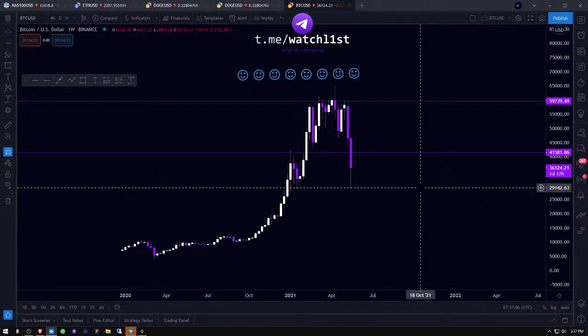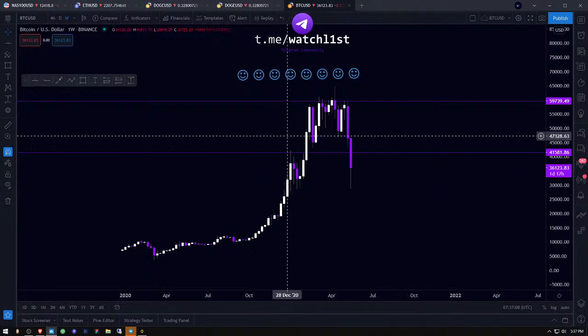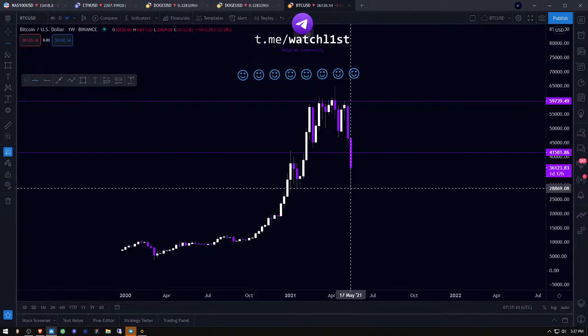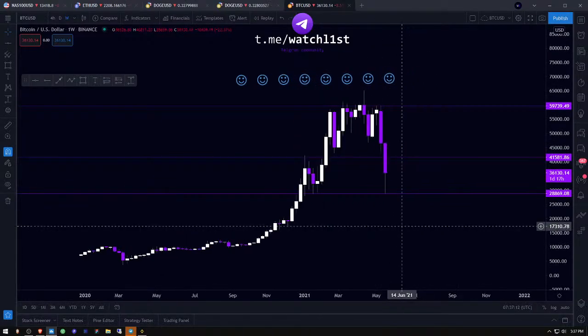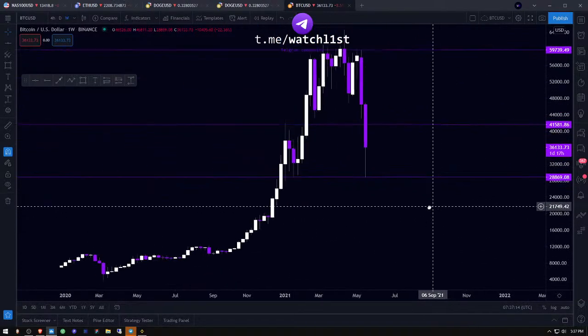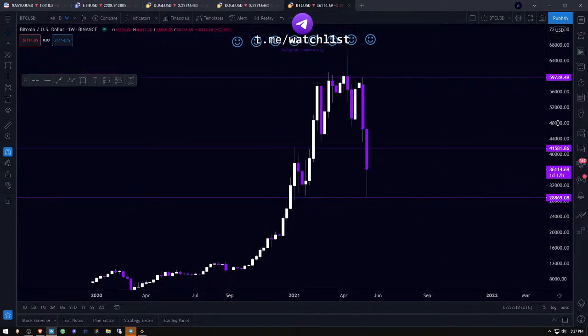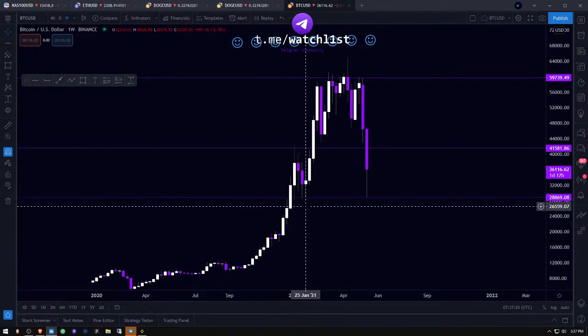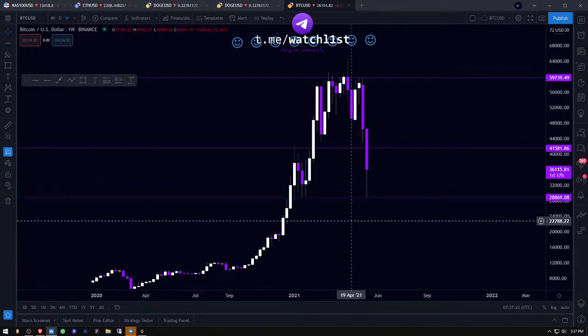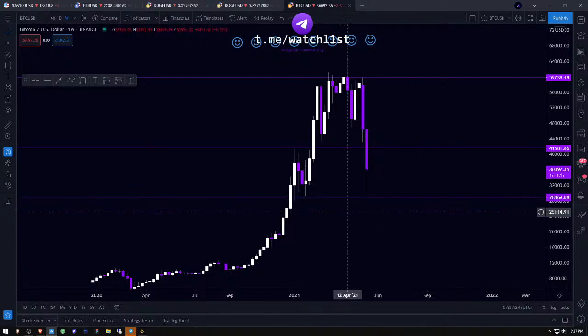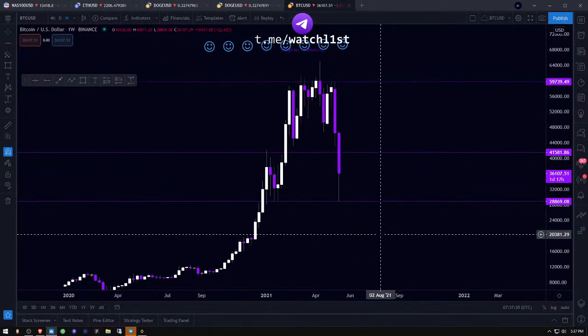Now, looking at that $29,000 price, if we marked another horizontal line just at the base of that wick, going by a pure price action point here, we can see 1, 2, 3, 4. So 4 touches or 4 points of interest at this price of 28,869.08.